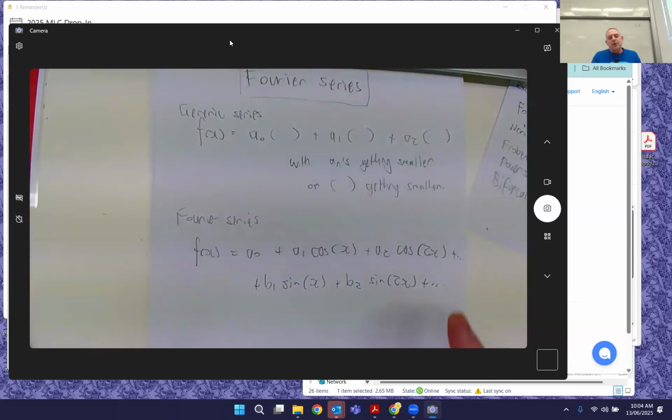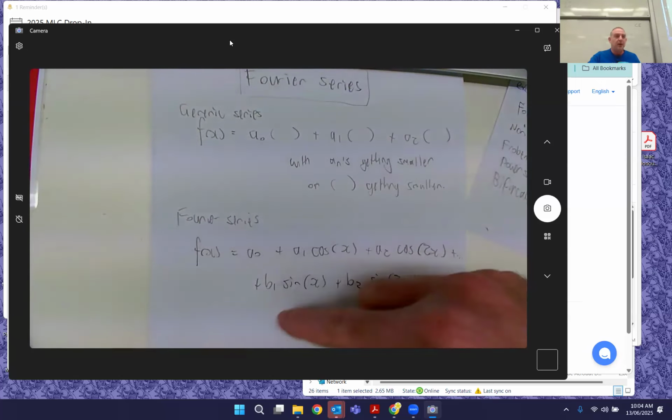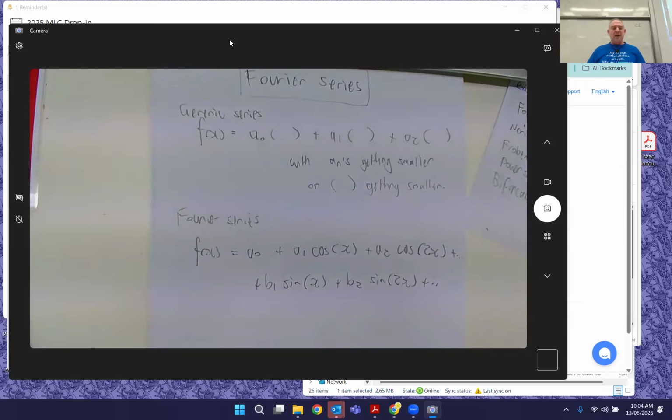And the thing about cos 2x is it runs twice as fast as cos x. And so this might fit 1 period in the space of 2 pi, but this fits 2 periods in the space of 2 pi. And cos 3x fits 3 periods in the space of 2 pi. So if you think of like cos 100x, it's just going to go like this. And so that's kind of not smaller. That's more annoying. So you really need the coefficients to get smaller for this to work.